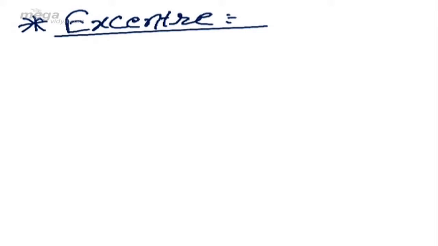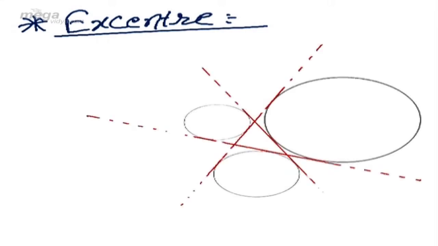But in the case of the excenter, you can see this is the triangle ABC, and when you extend the sides of the triangle, you will get three circles which touch all the sides of the triangle. The centers of all these circles are called excenters, and the circles are called excircles.